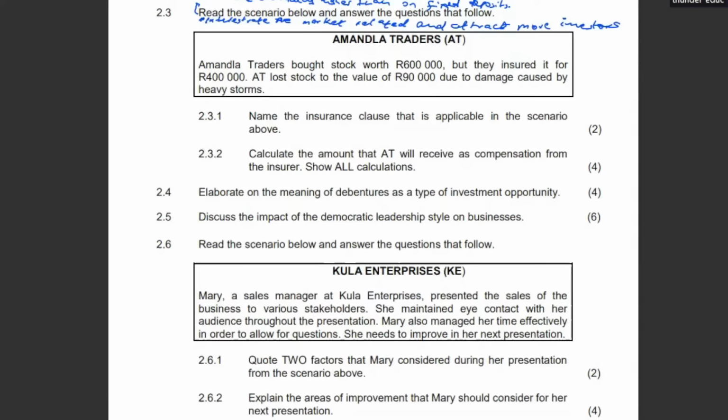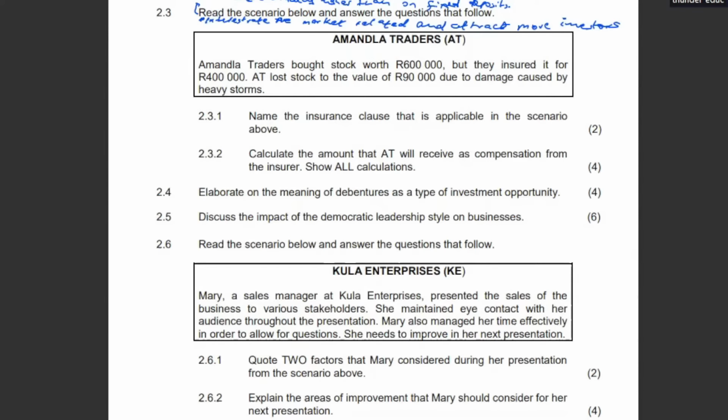So Amandla normally buys from their suppliers and then resells to their consumers, those who purchase goods and services. Okay, right. So now Amandla Traders bought stock worth 600,000, but they insured it for 400,000.